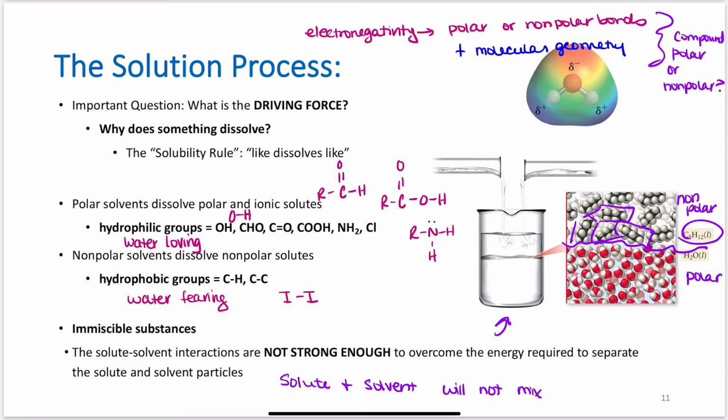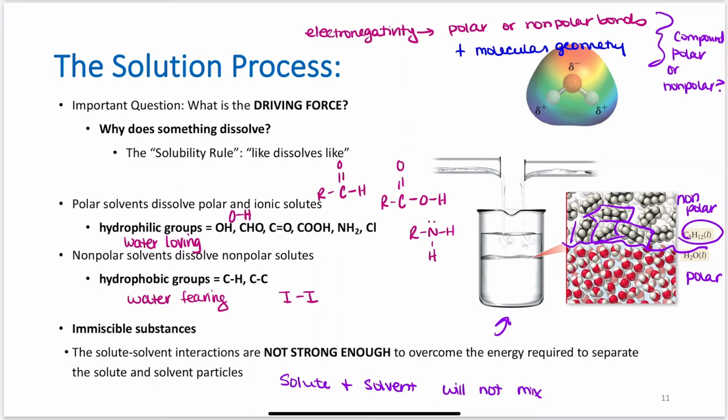What IMFs am I talking about for nonpolar? London dispersion forces. Remember, LDFs are the weakest force, but they can become pretty strong as the molecules get larger and larger because of polarizability. I have to break apart all of that attractive force; the more polarizable the compound, the stronger those forces become. For water, water's polar, but it also undergoes hydrogen bonding.